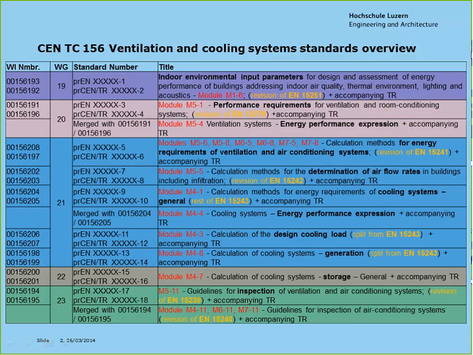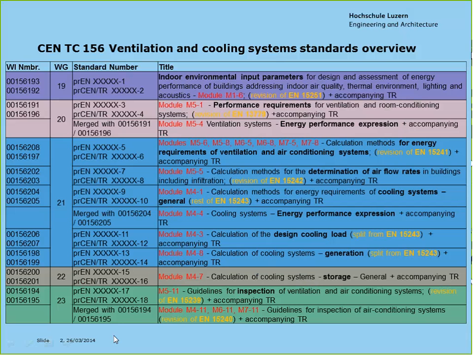Then there is this blue portion, which are the calculation standards for ventilation and cooling systems that we are going to provide. Plus the storage system, which is in a separate working group because the expert working on it had a very close relation to the heating and domestic hot water work items.